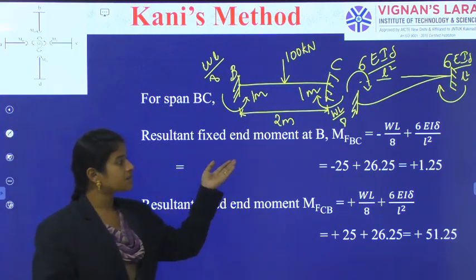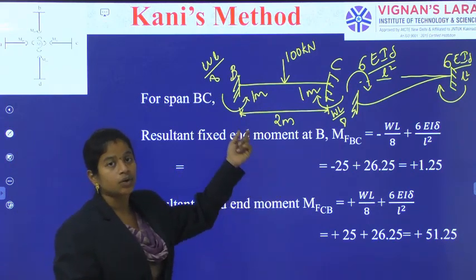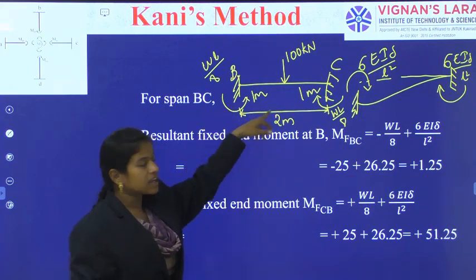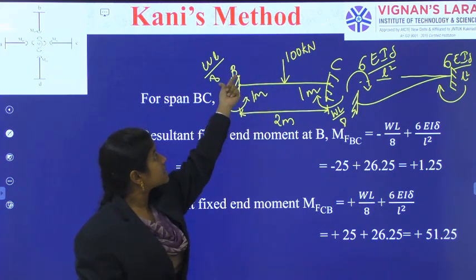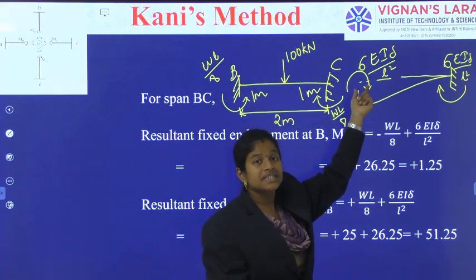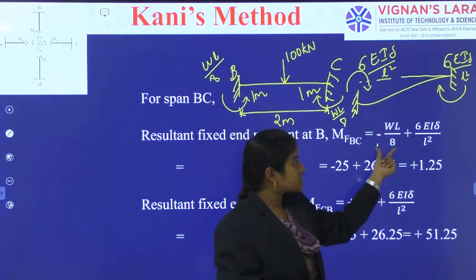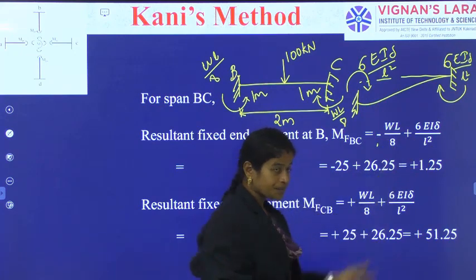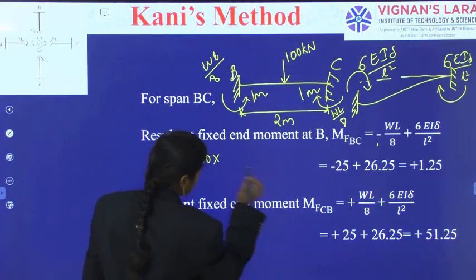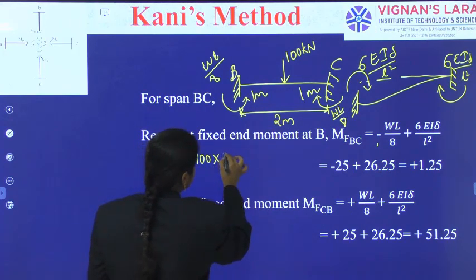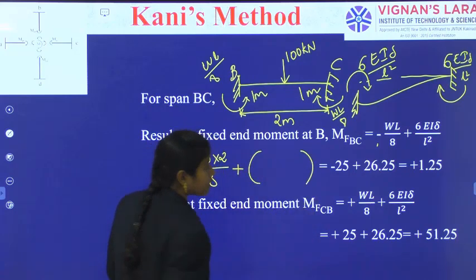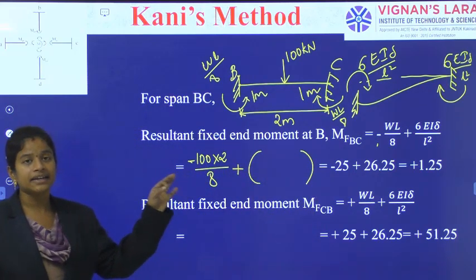Okay. So, the resultant fixed moment at B is equal to MB towards C span, which is equal to, as it is going in the anti-clockwise direction, that's why minus WL by 8, and also here it is going in the clockwise direction, plus 6 EI delta by L square. Minus WL by 8 plus 6 EI delta by L square, as it is the substitution of minus 100 into L value, as the length is 2 meters and it is 8, and in the previous step itself we have calculated 6 EI delta by L square.